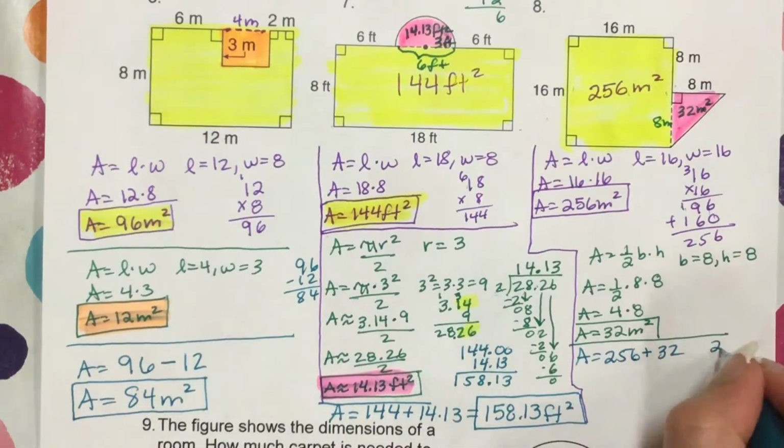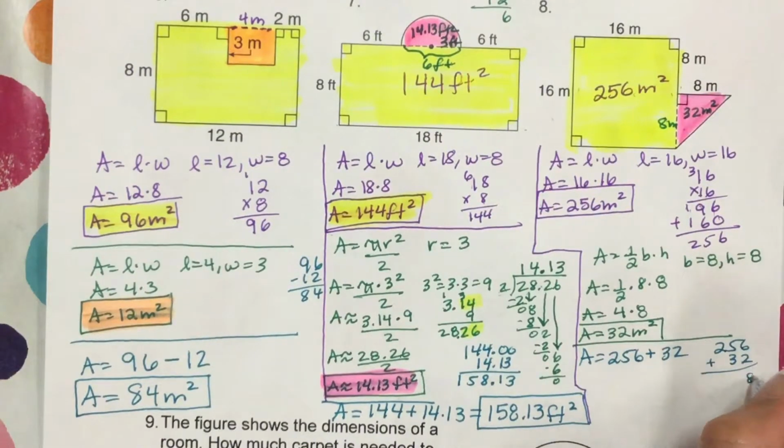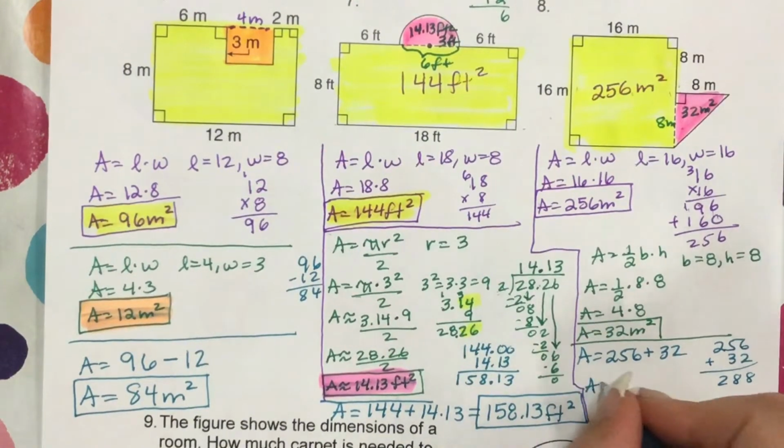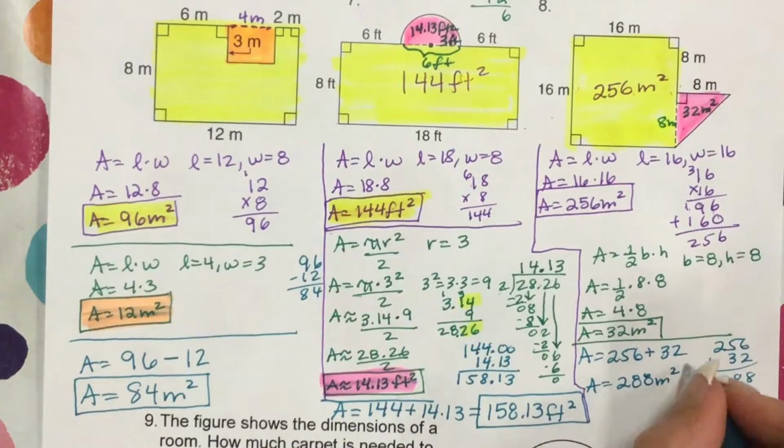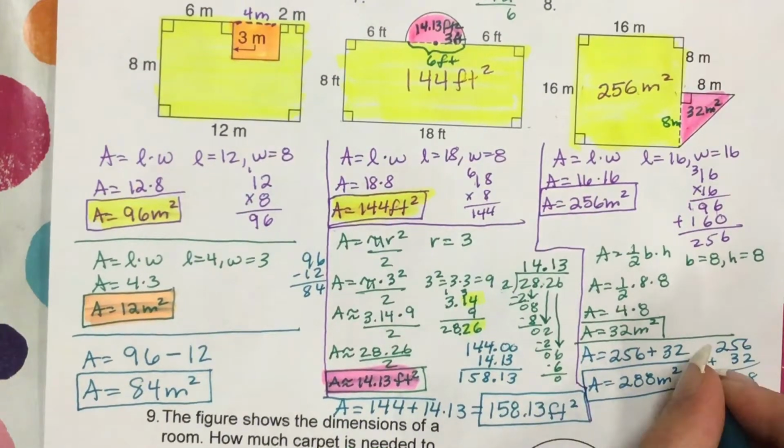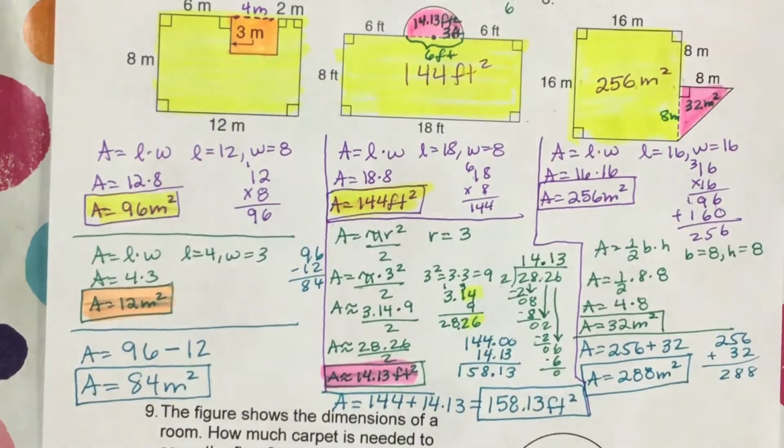And I'm going to do that off to the side. 256 plus 32. 6 plus 2 is 8. 5 plus 3 is 8, and 2. Area equals 288 meters squared. So if you got that right, awesome job.